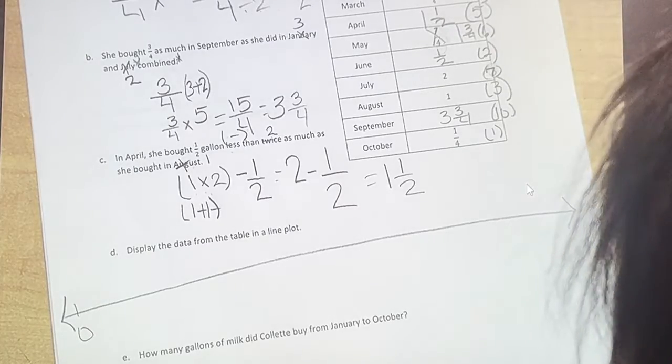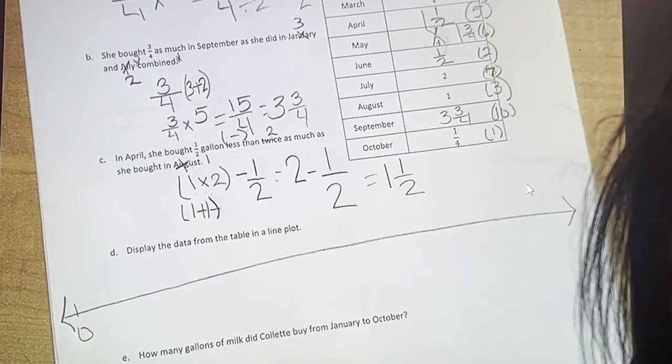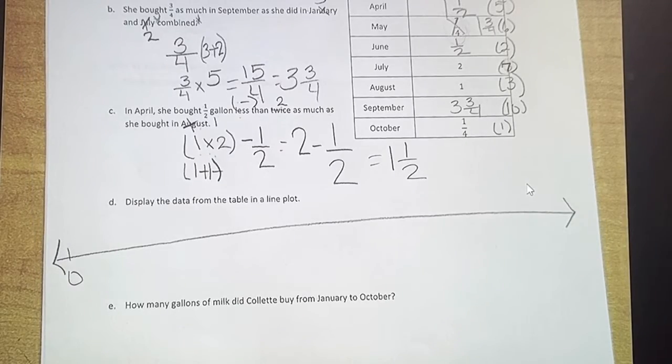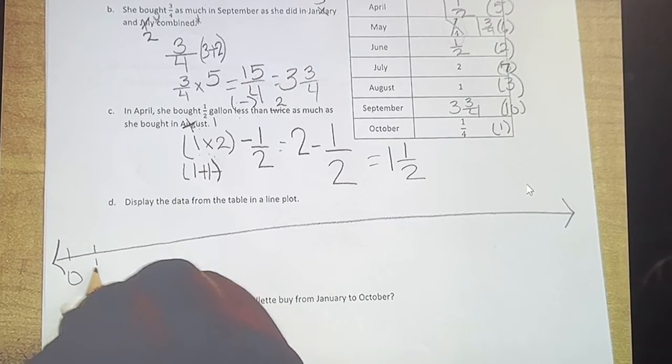My line plot is going to be broken into what type of units? What's the first thing we come to? What's the first thing to plot? 4s. Thank you. So here we're going to have 1/4.